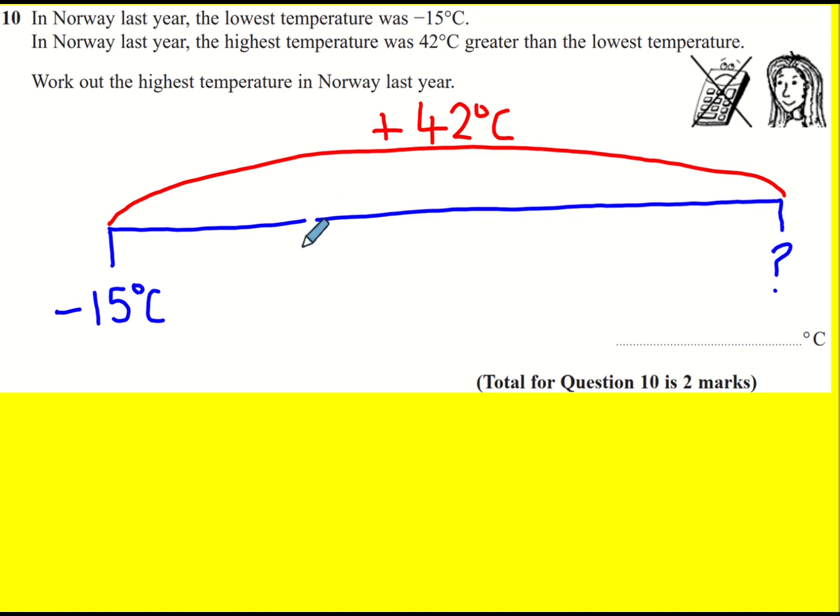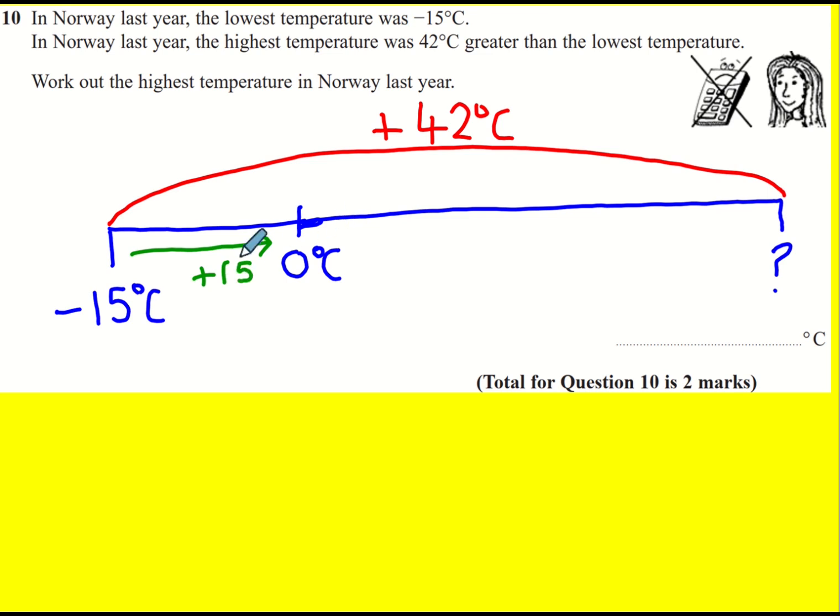Well, if you think roughly, let's pop 0 on the number line somewhere here. As I say, it doesn't have to be a highly accurate diagram. Let's say that 0 degrees Celsius is here on our number line. Well, to get back up to 0, from minus 15, I would have had to have added 15.